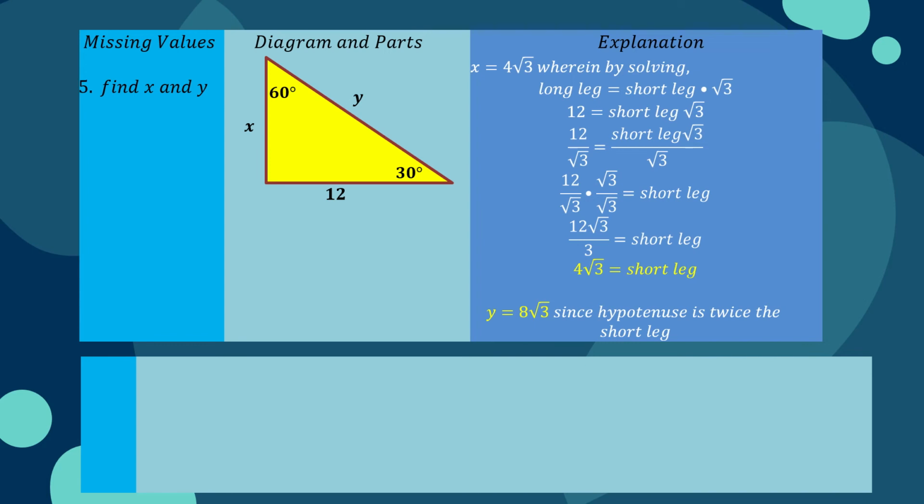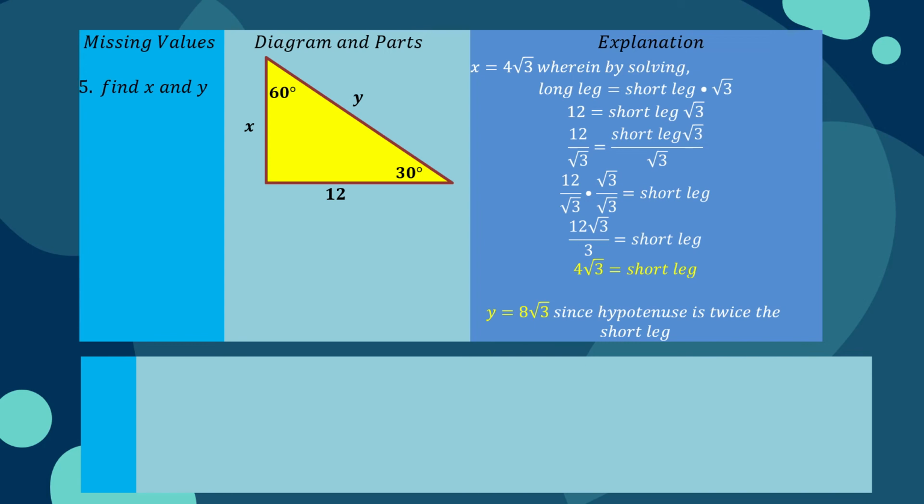Were you refreshed regarding the solution presented? Were you able to get the same answer as provided on the screen? Were the solutions able to guide you in recalling the past lesson on special right triangle theorems? Or do you have any other way of solving the missing values in the given problem on screen?